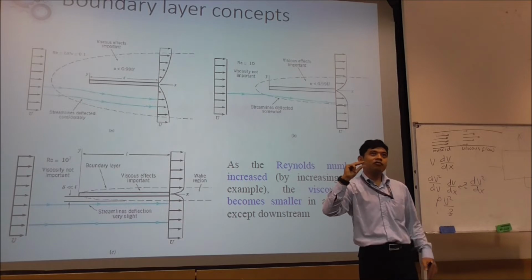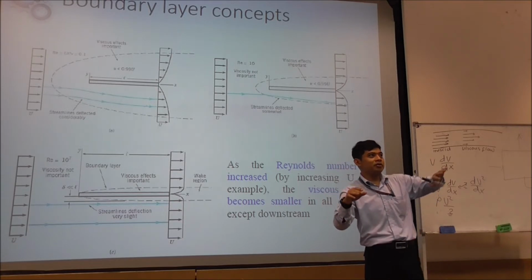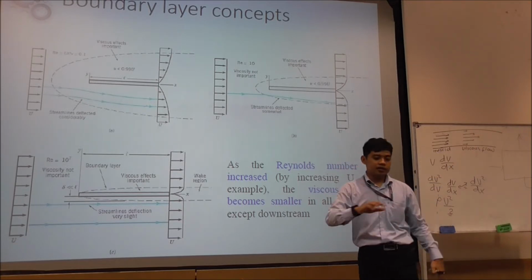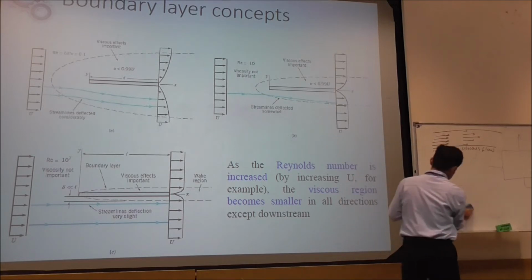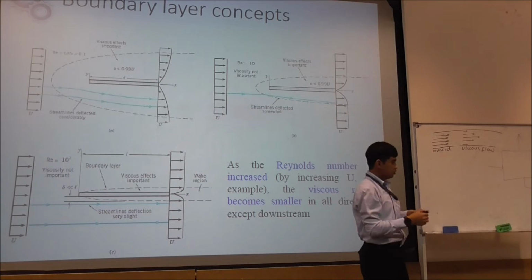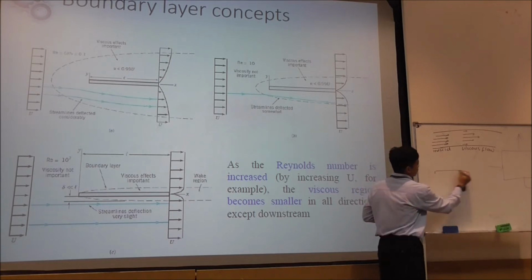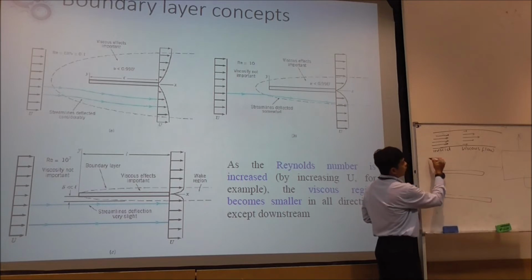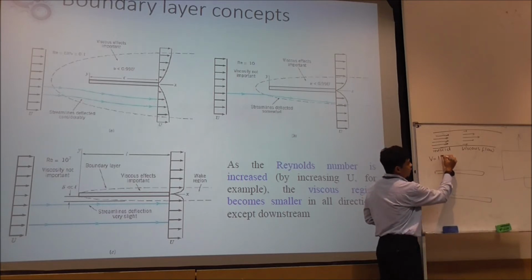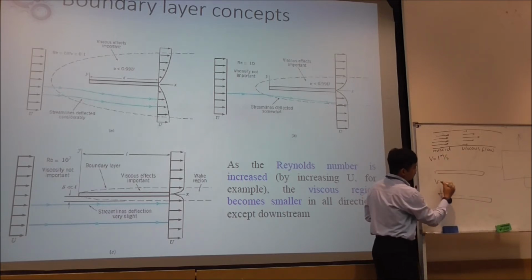But you said that as the Reynolds number increases, the boundary layer becomes bigger. Okay, these are two different stories. Let me explain to you. Let's say this velocity is 1 meter per second. This velocity is 10 meter per second.